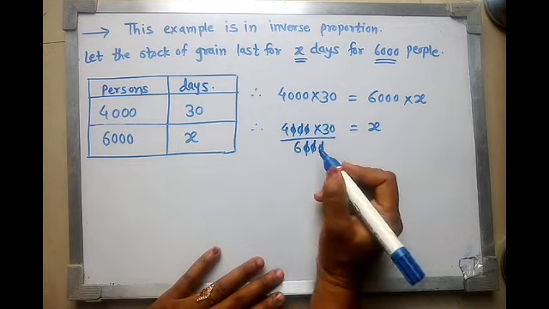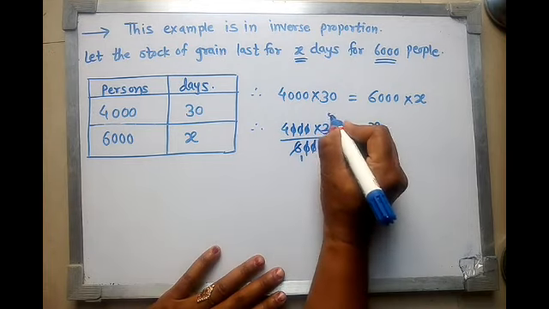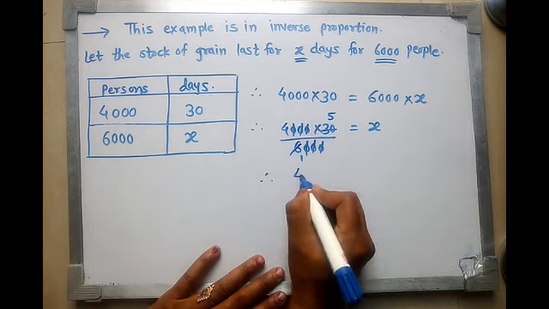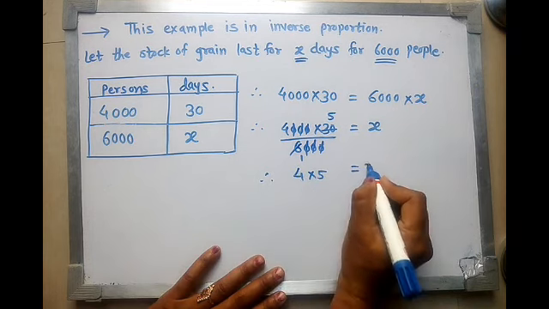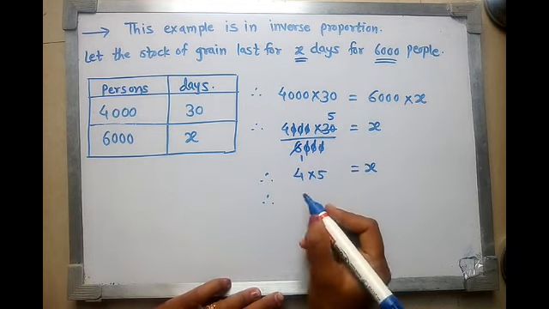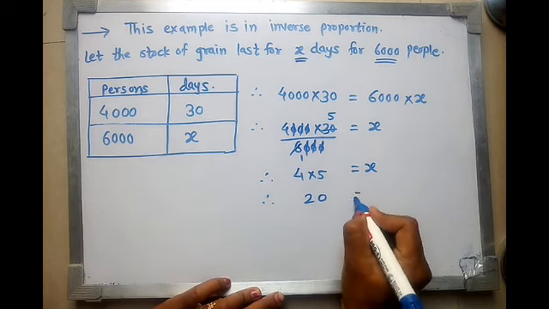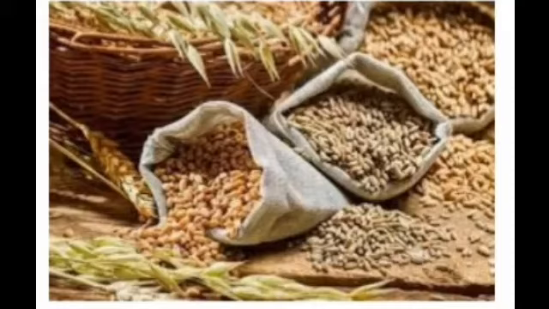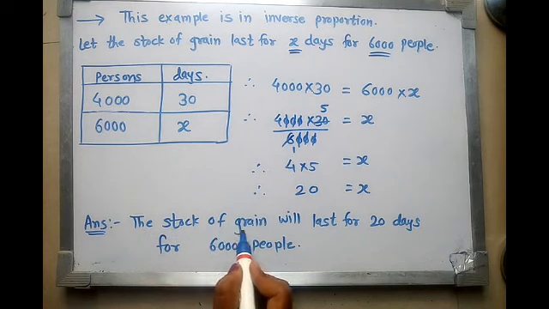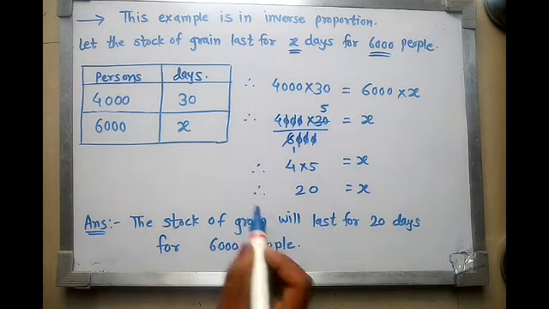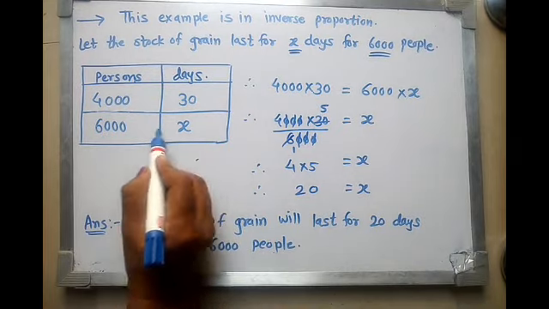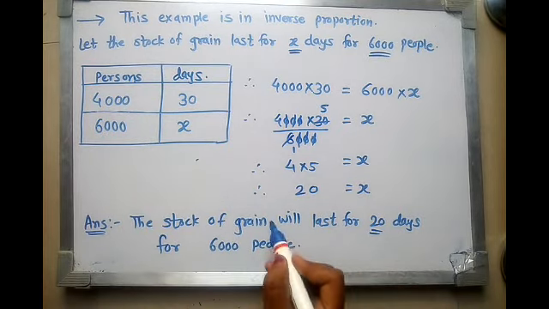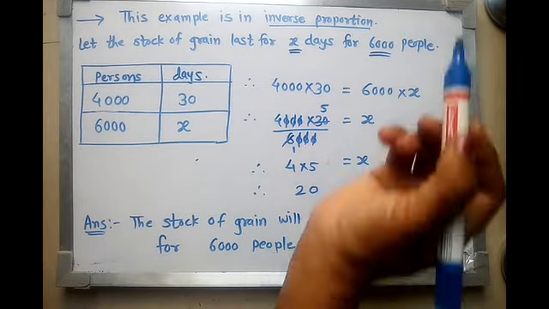I cut 3 zeros. 6 ones are 6, 6 fives are 30, and 4 into 5 is equal to X. 4 into 5, 4 fives are 20, is equal to X. The stock of grain will last for 20 days for 6,000 people. 4,000 people 30 days and 6,000 people need X days.